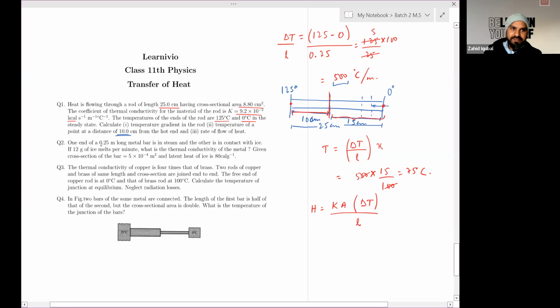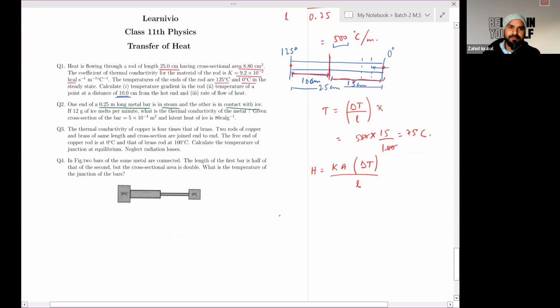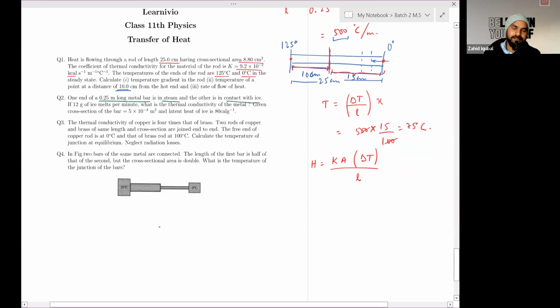One end of a 2.5 meter long metal bar is in steam and the other is in contact with ice. A rod whose one end is at 100 degrees Celsius in steam and the other end at 0 degrees Celsius connected with ice.